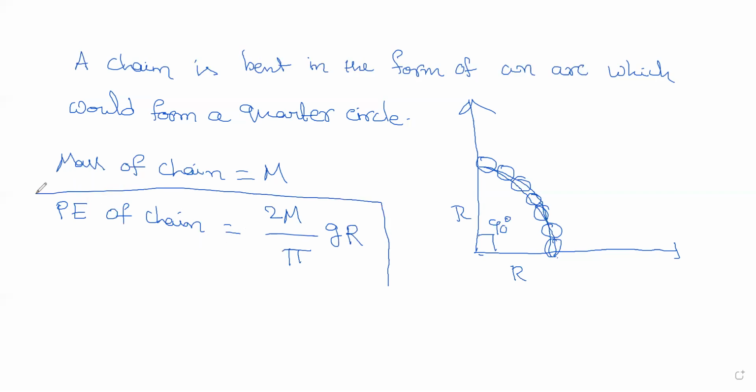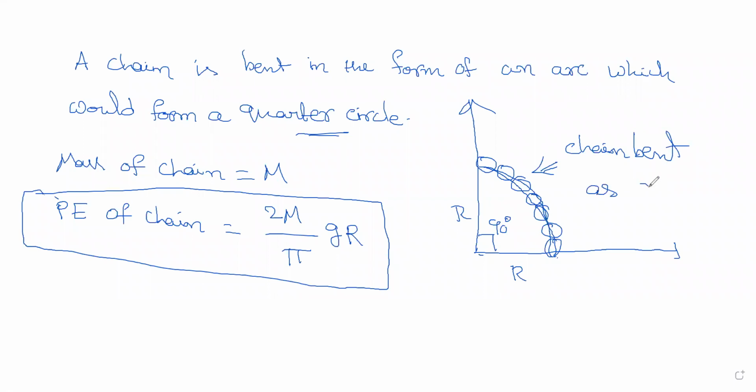If it is bent in the form of an arc which would form a quarter circle, a chain bent as a quarter circle, the potential energy in that case is given by 2M by pi gR. This can be a very important bit.